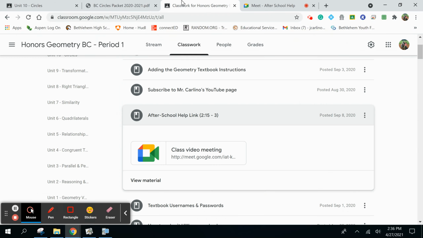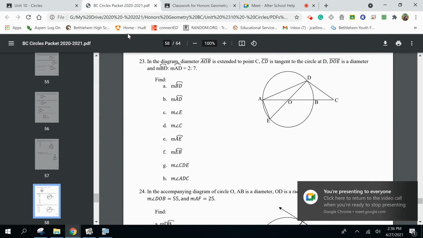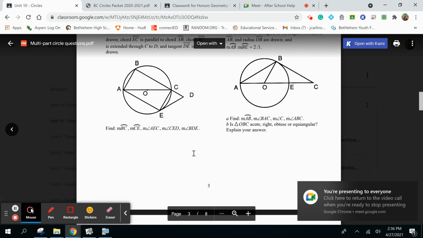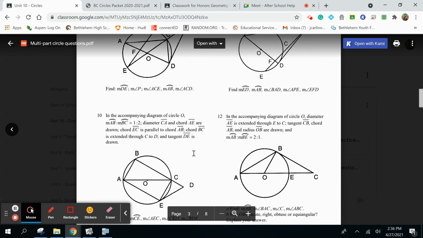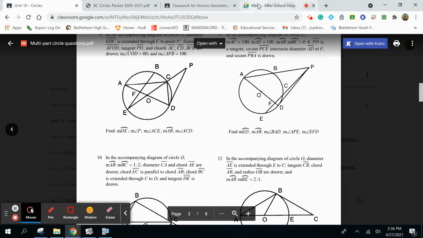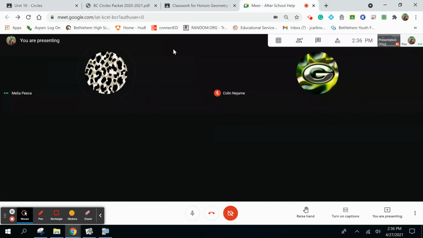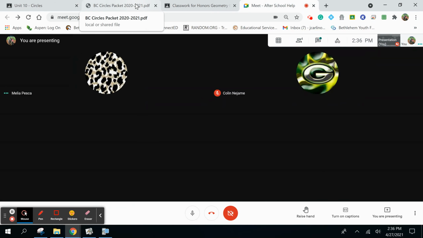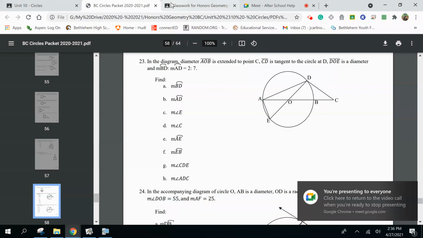Colin, want to give me a number 1 through 23 here? Okay. Malia, you want to give me one? Sure. Oh, no problem, Colin. Sorry. Go ahead, Malia. 12. 12. Okay.